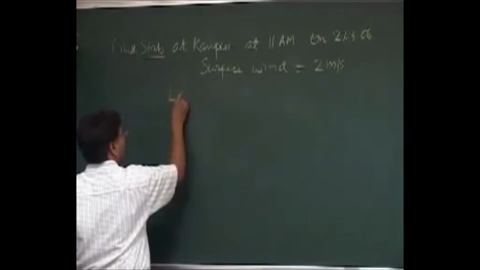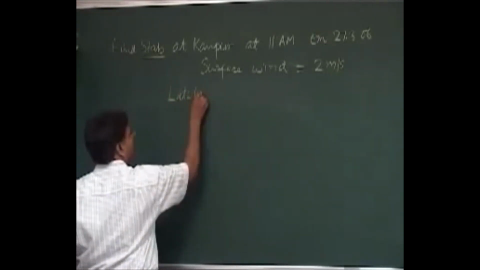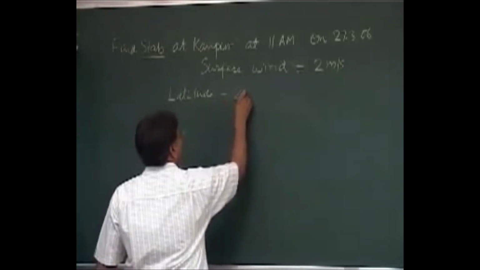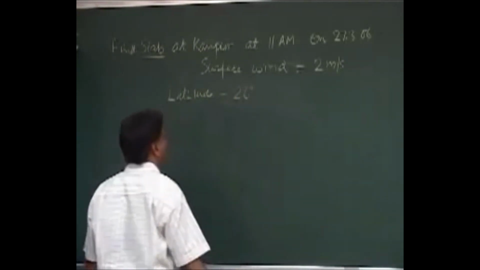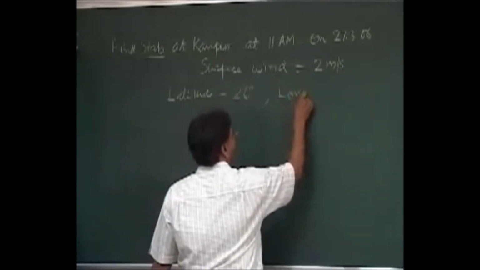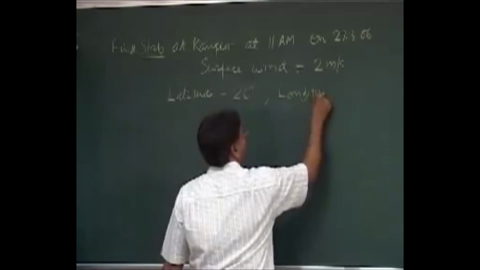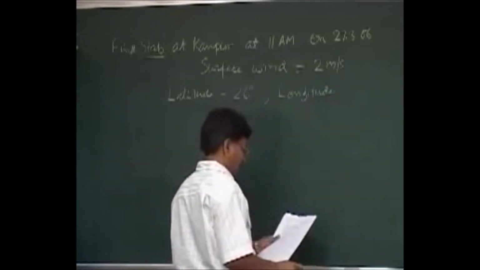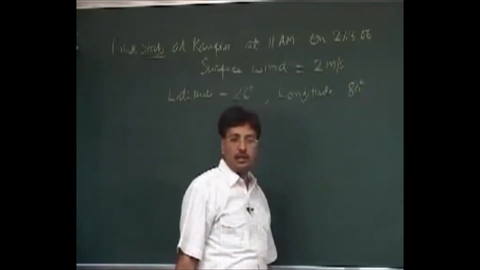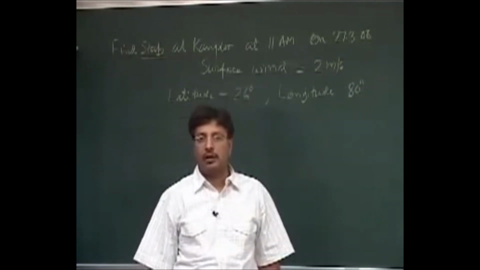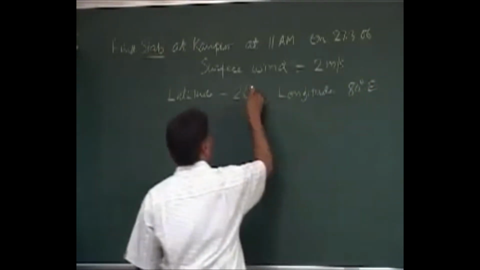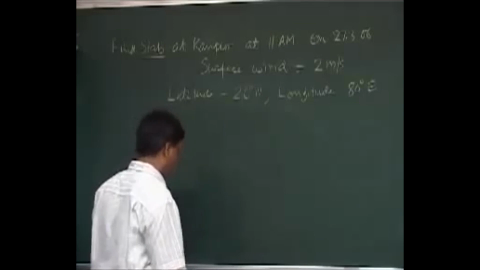Latitude is 26 degrees, and the longitude is 80 degrees east.